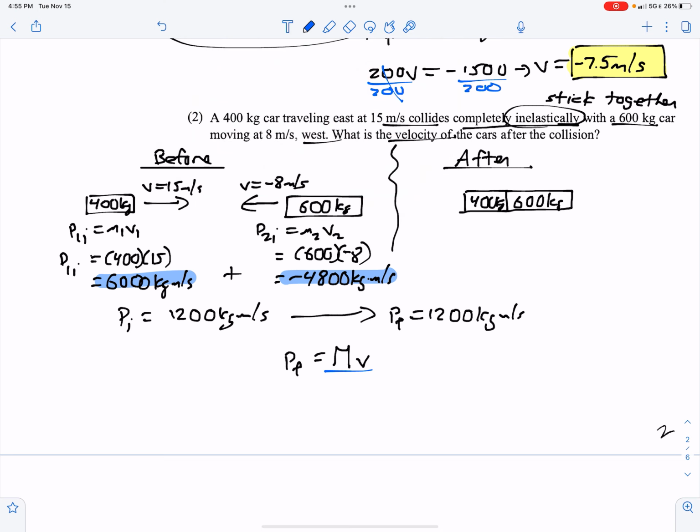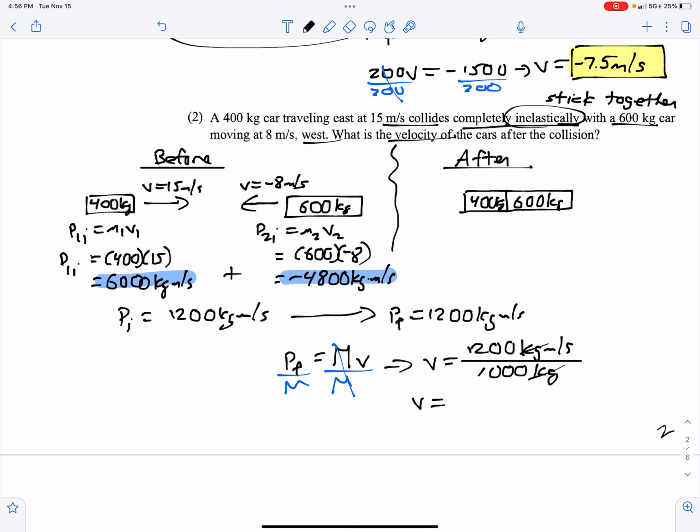So go ahead and divide away the big M. And we get that the velocity is equal to the final momentum, which is the same as the initial 1,200 kilograms meters per second. And we're going to divide that by the total mass, which we get when we add those together. 600 plus 400 is 1,000 kilograms. And you'll notice the unit of kilograms cancels, by the way.